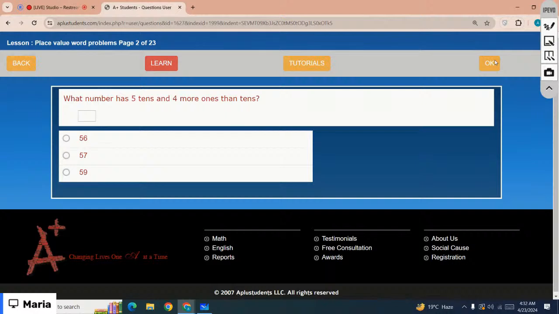Five tens and four more than tens. Which is the correct option? The correct option is 57. Sorry, 59 it is.